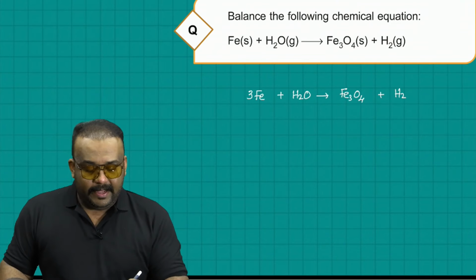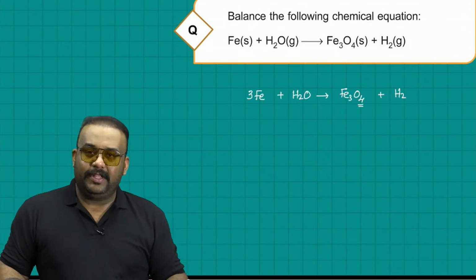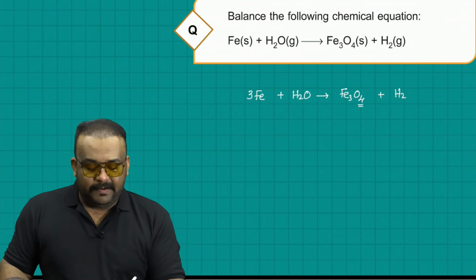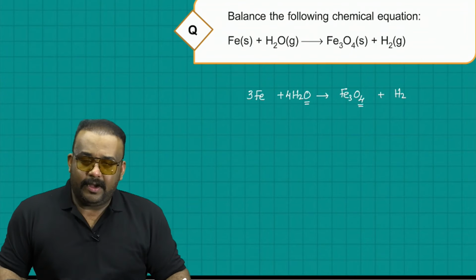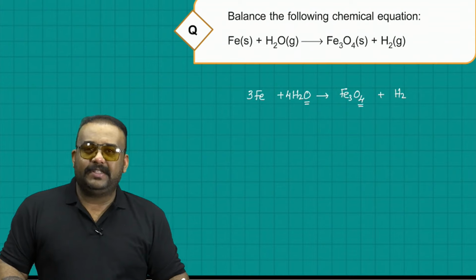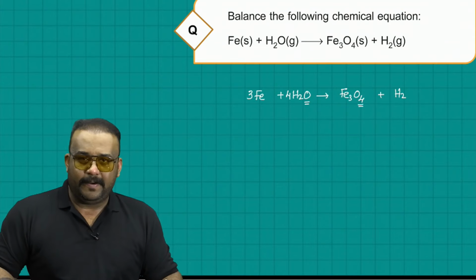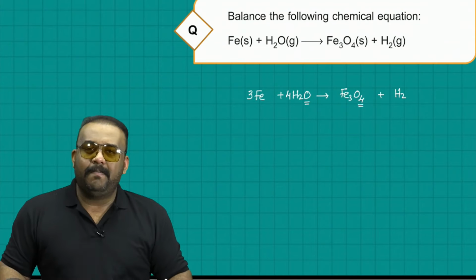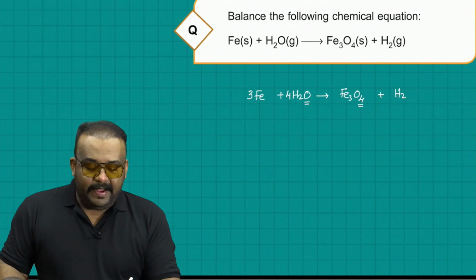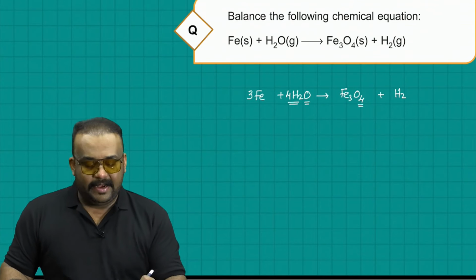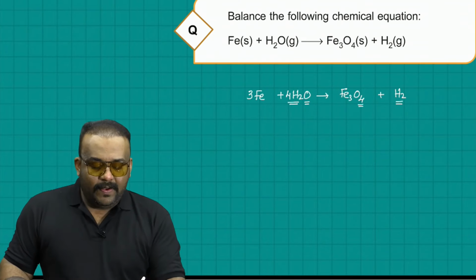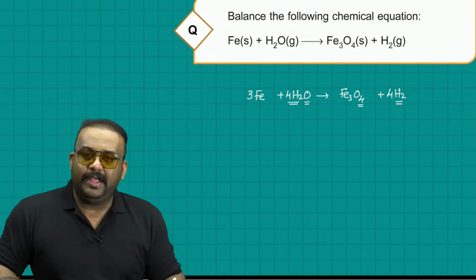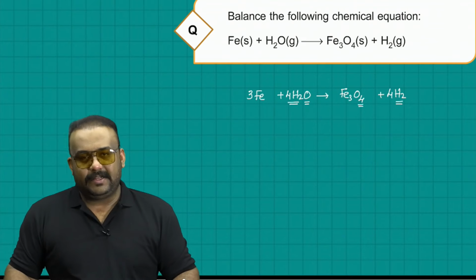But we have 4 atoms of oxygen on the right side and only 1 atom of oxygen on the left side, so I am going to multiply 4 in front of water, which makes the number of oxygen atoms 4. So oxygen atoms are also balanced. Next, we have a total of 8 hydrogen atoms on the left hand side but only 2 on the right hand side. So when I multiply 4 in front of hydrogen, it becomes 8.